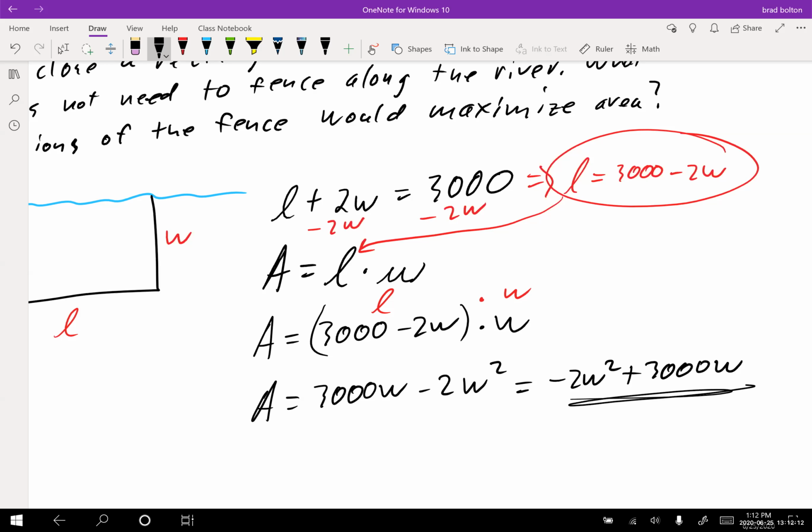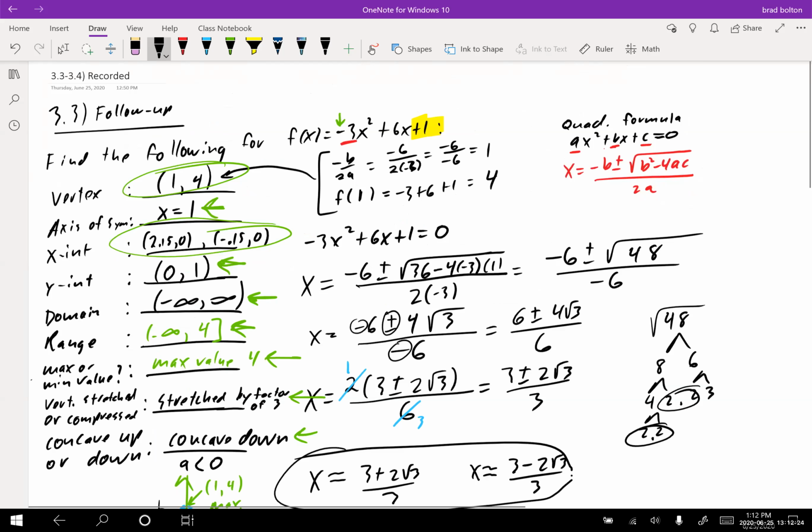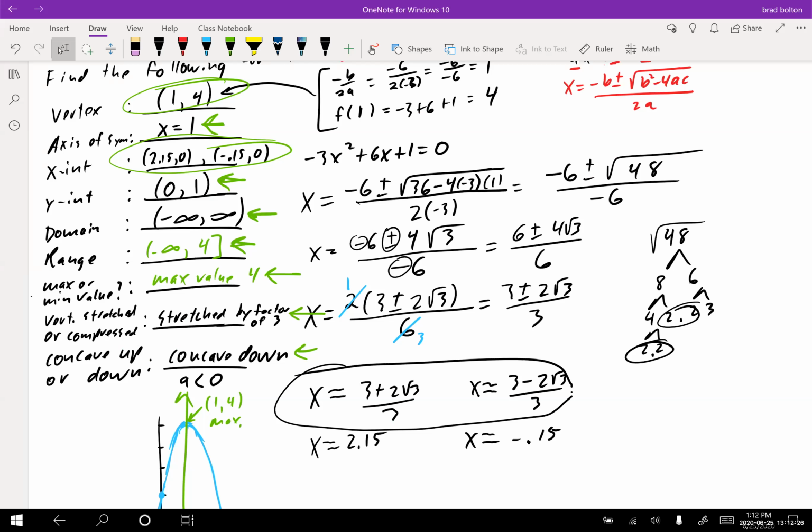So here's the thing. What shape did we just build? What shape has a squared? That's a quadratic. And if it's a quadratic, look at all this information you now know about quadratics. Now think, which one of these things on the screen pertains to a way to maximize area?